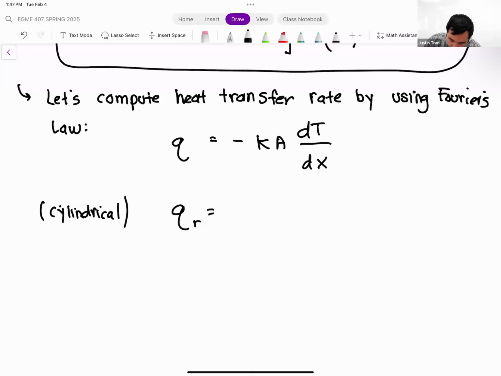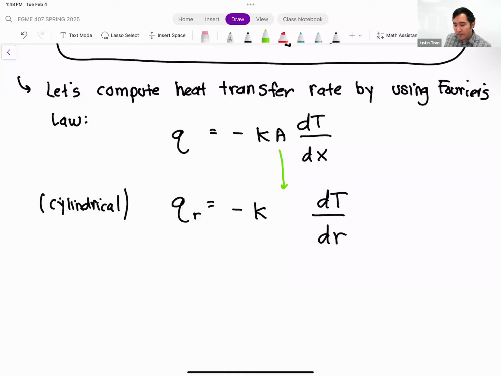We're going to have a minus k and a derivative of the temperature, but instead of taking the derivative with respect to x, the Cartesian coordinate, we take it with respect to r. We're just swapping the variable of the derivative, because our temperature is now a function of r.